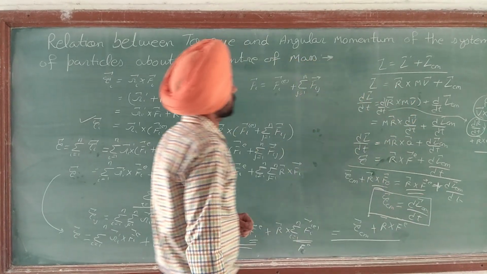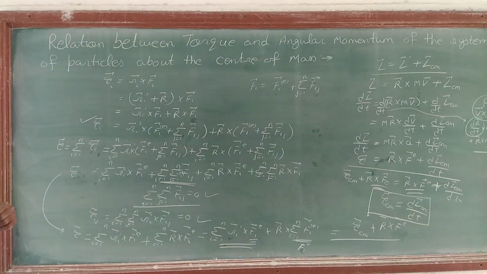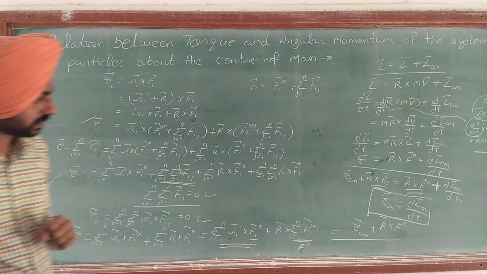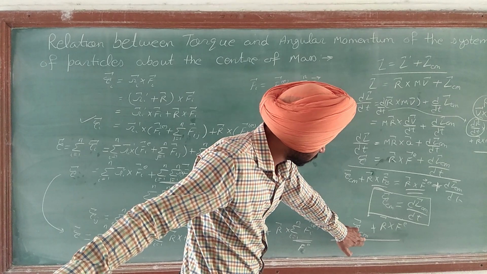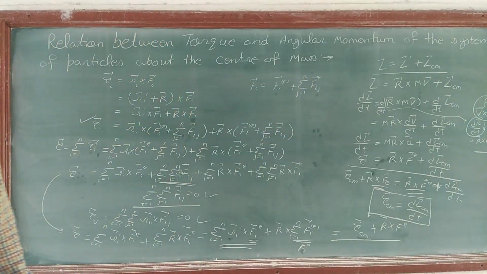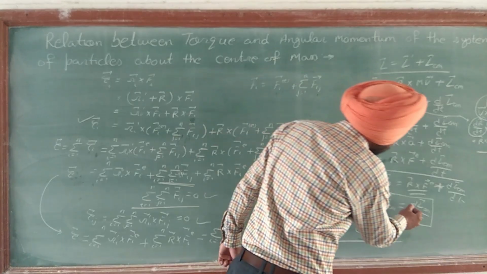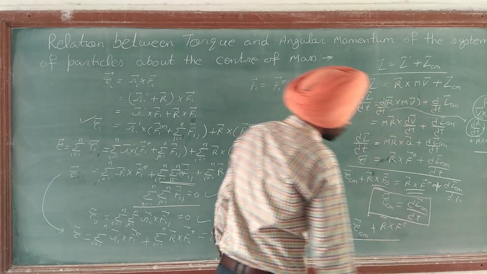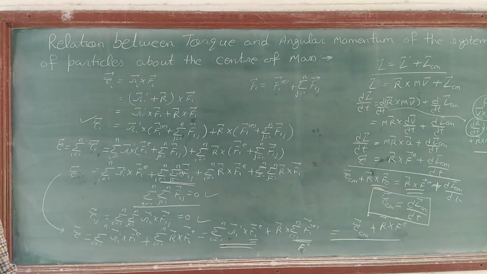So this is the outcome from this derivation. This equation states that the torque of the external force about the center of mass, Cm, is equal to the time rate of change of angular momentum dL by dt about the center of mass.